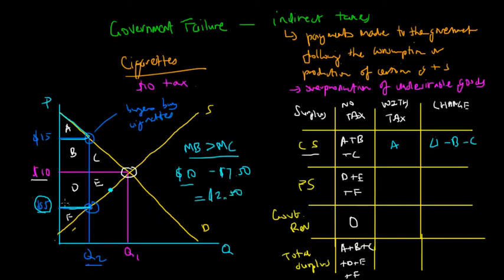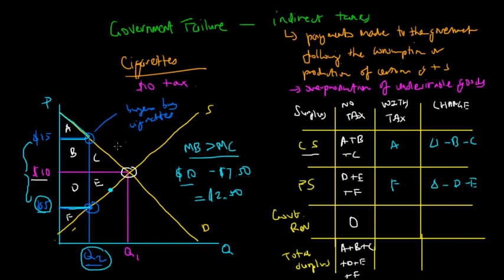But now, since the price they're selling at is only $5 because of the indirect tax of $10, only producers who can supply at less than $5 would supply, resulting in a quantity of Q2. So the producer surplus with tax is only F, and the change is negative D minus E.